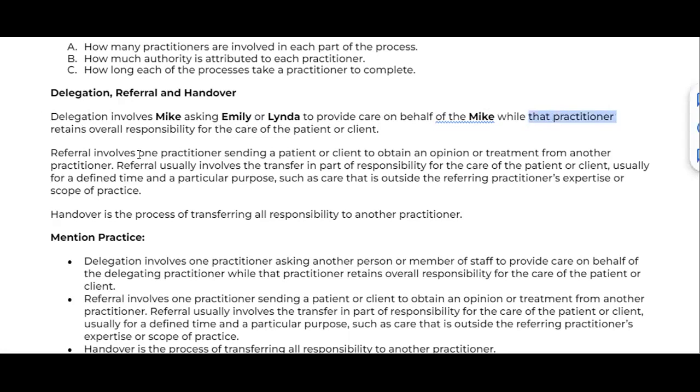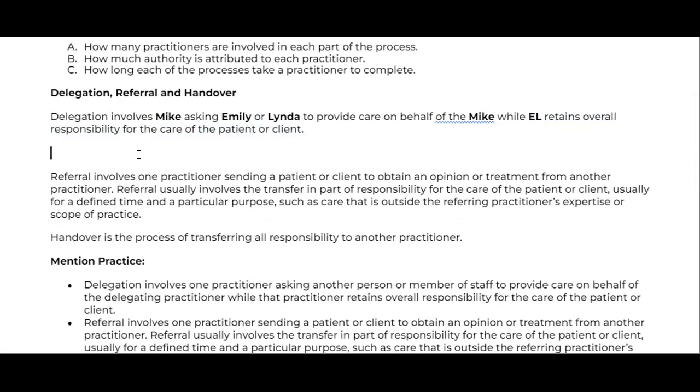Emily and Linda will be that practitioner. The practitioner retains overall responsibility for the care of the patient or client. That means delegation involves Mike asking Emily or Linda to provide care on behalf of Mike, while Emily and Linda retain overall responsibility for the care of the patient or client.